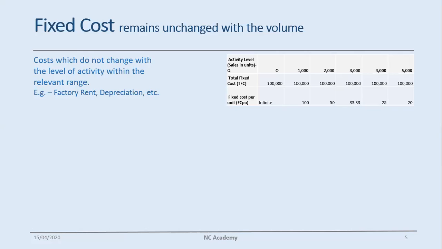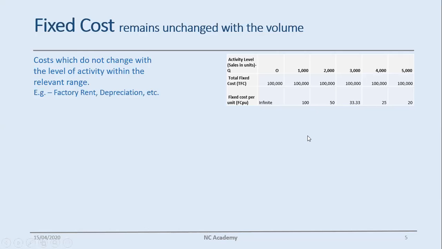However, when you increase your production or activity level, the number of units, the fixed cost per unit will decrease.